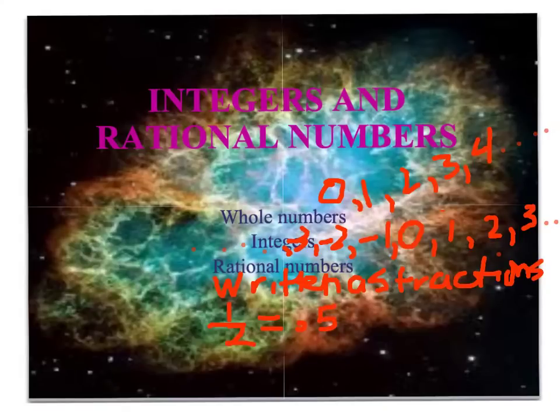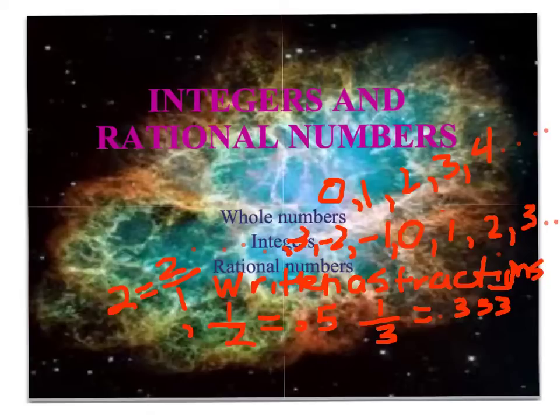So that's a rational number. Or, for example, 1/3, which is equal to 0.333 repeating. 2, for example, is a rational number because 2 can be rewritten as a fraction, 2/1. So there we have our three types of numbers that we are going to be discussing.